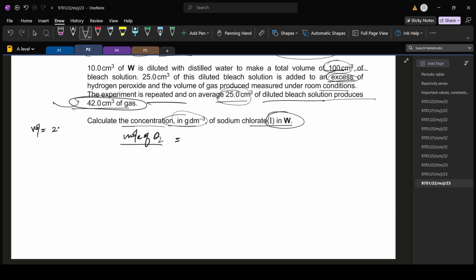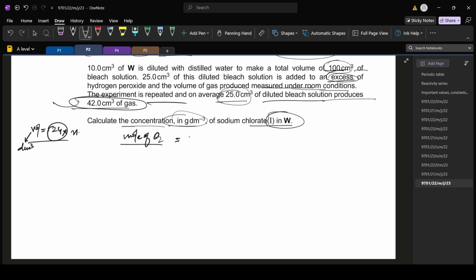The formula to calculate the moles of a gas is volume equals 24 times n, where n is the number of moles and the volume is in dm³. Okay, and this 24 is the standard molar volume under room conditions. There are room conditions because it told you that the volume of gas is produced under room conditions.